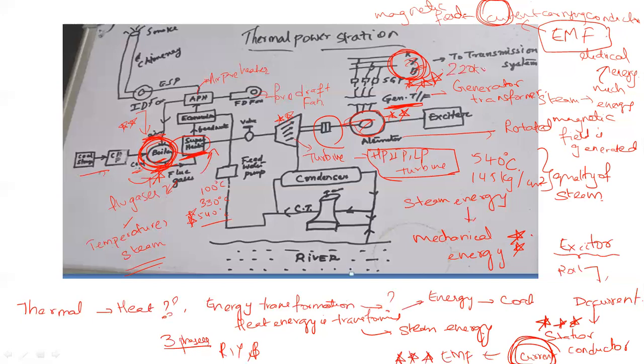So here the 220 kV bus will be formed in the switchyard, which is just 1 kilometer away from the generating station, where a lot of switchgear will be there, like isolators and switchgear protection, that is SGP, and finally it is given to the transmission system as shown in the figure.